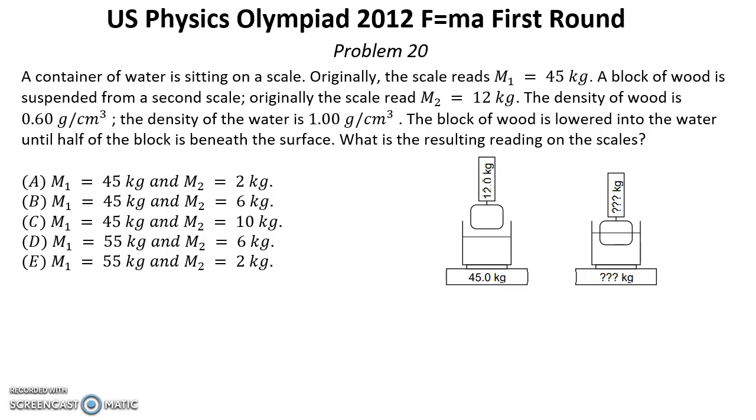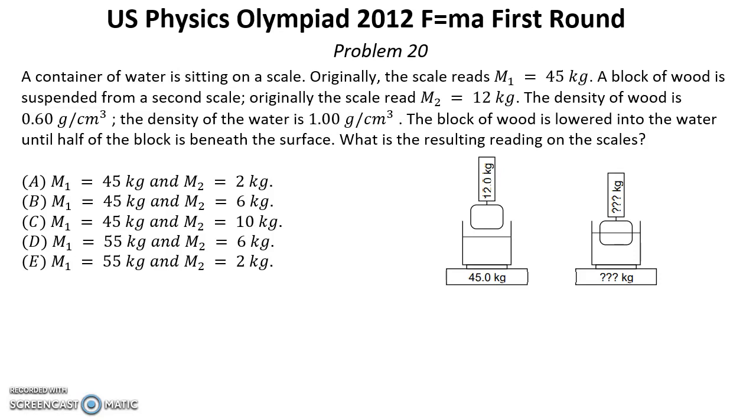Originally, the scale reads M2 equal 12 kg. The density of wood is 0.6 gram per cubic centimeter. The density of the water is 1 gram per cubic centimeter. The block of wood is lowered into the water until half of the block is beneath the surface. What is the resulting reading of the scales?